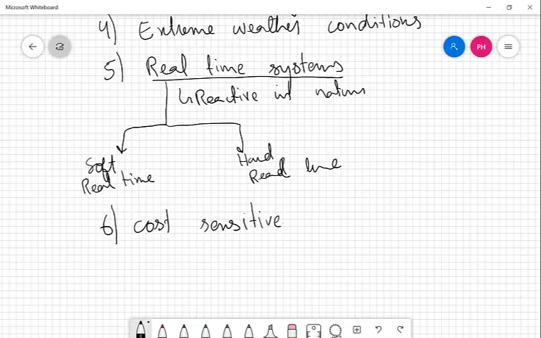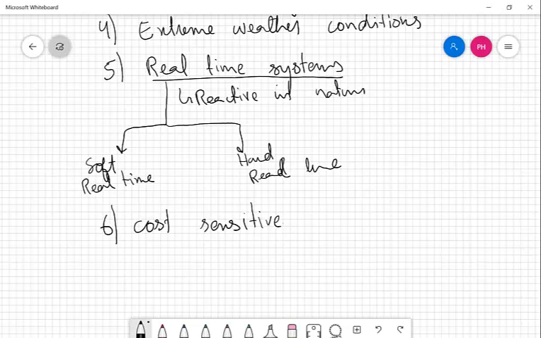For example, we have to use a computer inside a blood pressure monitor, but this blood pressure monitor should not cost more than 2,000-3,000 rupees. So we have to design such a computer that may fit inside a blood pressure monitor, and at the same time its cost should also be less. It should not consume much power. We have to take care of various types of these constraints.